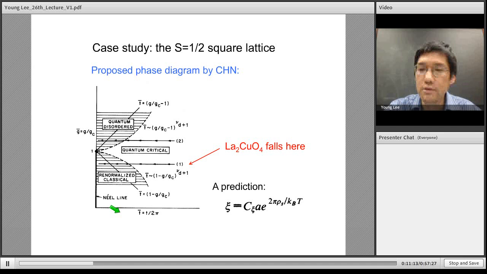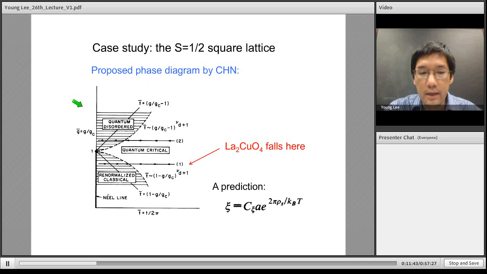It's just like the two phase diagrams I had shown in previous slides, but just rotated by 90 degrees. And what you see here is that there is a critical g value that separates two regimes. One they call renormalized classical, and it's classical because that's a state that has long-range order in the T equals 0 limit, and the higher g state is quantum disordered.